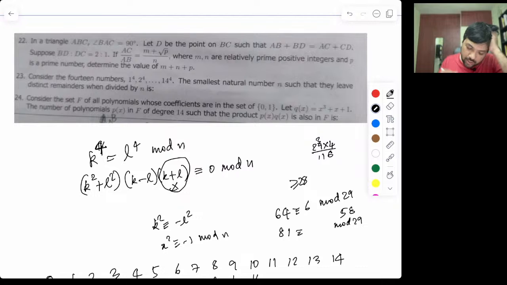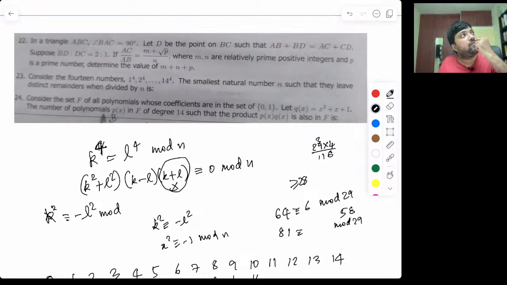K square plus L square is 0 mod n. I don't know. I think the point is the quadratic equation, but that's not that helpful actually. K square is congruent to minus L square mod.